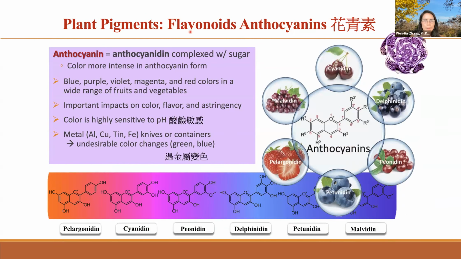Those are the flavonoids. Anthocyanins are plant pigments complexed with sugar, and the color is more intense when it's complexed with sugar. So it's blue, purple, violet, magenta, and red colors.